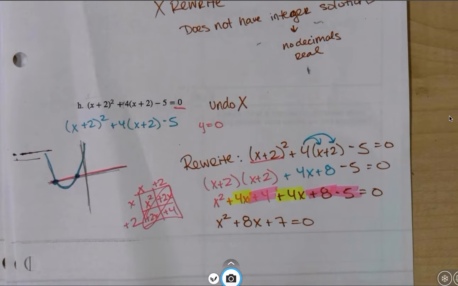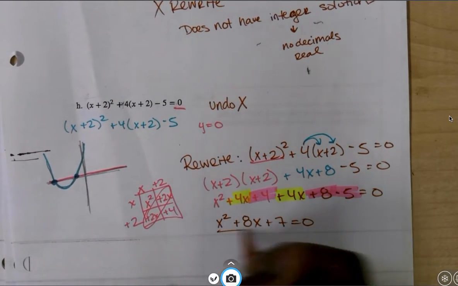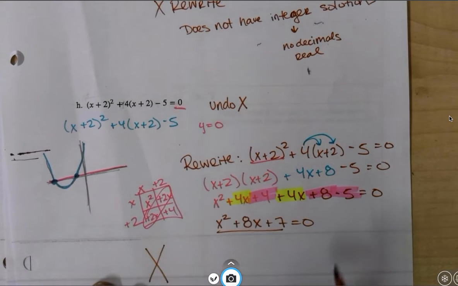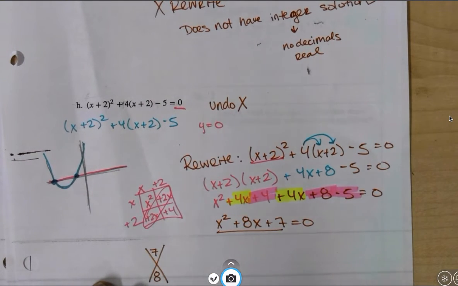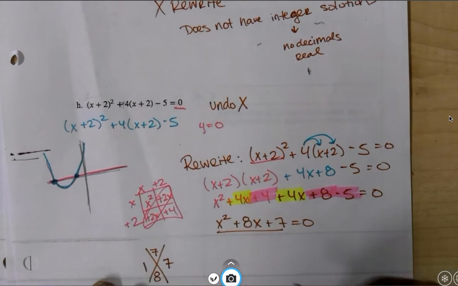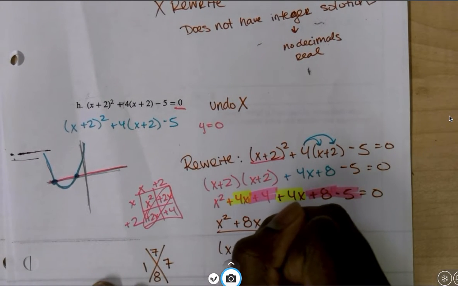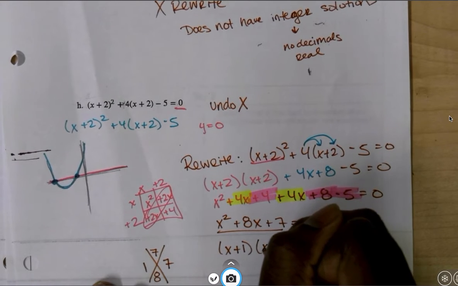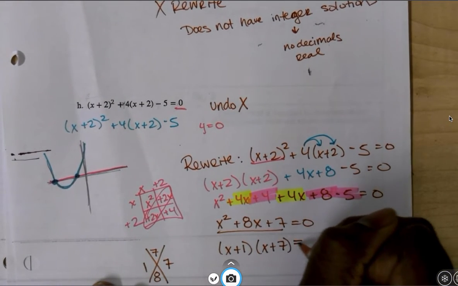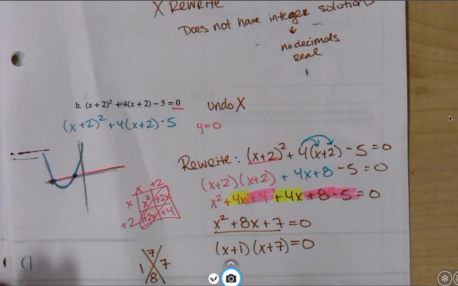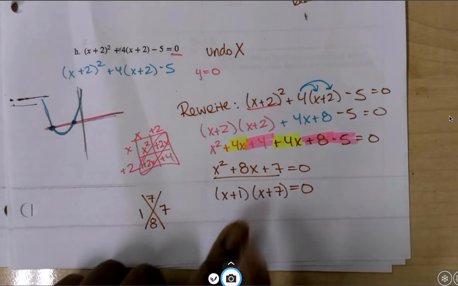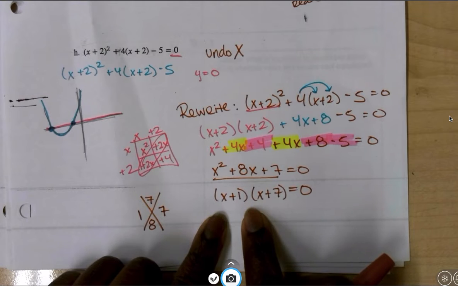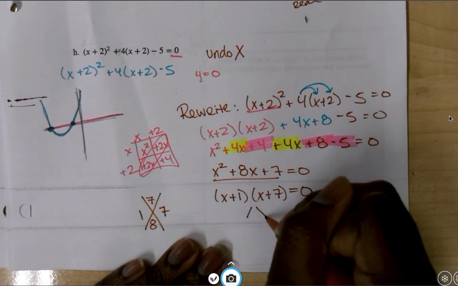So hopefully we can factor something like this. So I'm going to take this here and factor it to the side. What times what gives me 7, but added gives me 8? Well, 1 and 7 do. So therefore I have x plus 1, x plus 7. Now, we didn't go over this together, but you did this in IM2 last year. Because we have something that's equal to 0 and they're being multiplied, that means I have two equations.